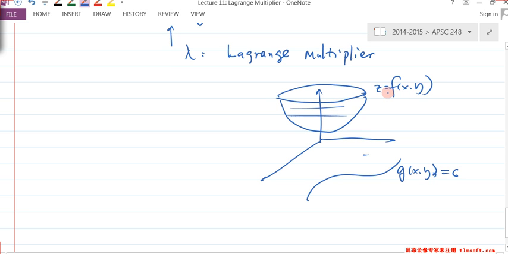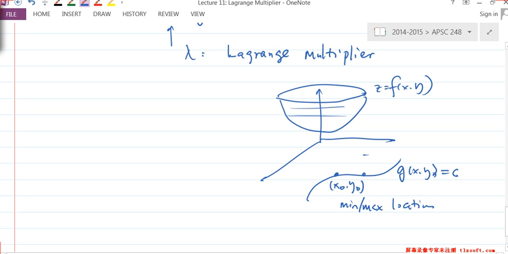Let's use this one here just for illustration. Maybe this x naught, y naught is a min or max location.